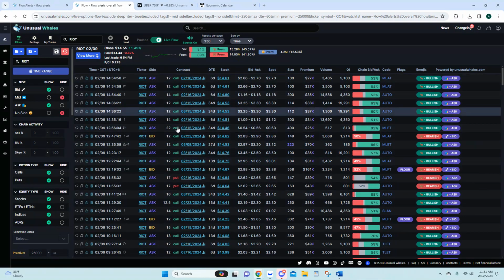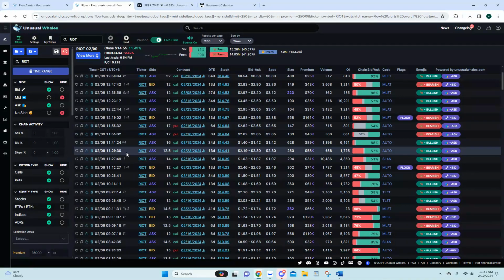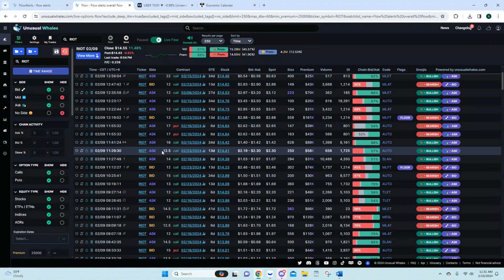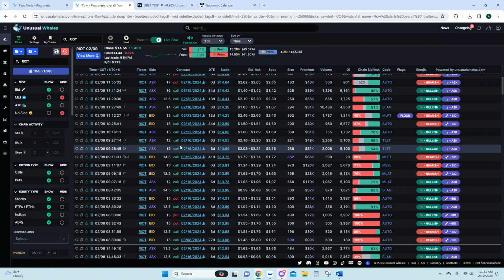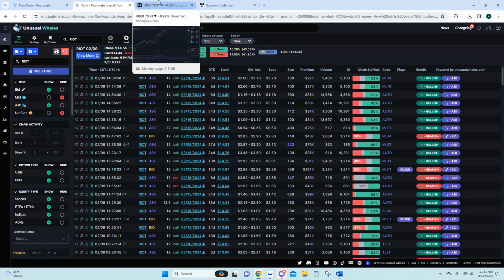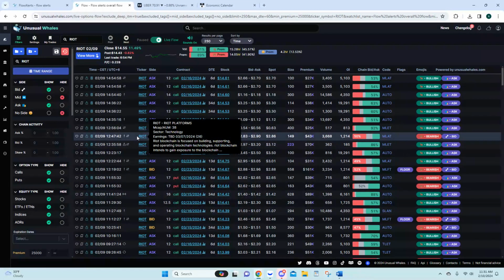You can see that the flow's primarily bullish here. The flow alert on the 16 call for 315 that was highlighted earlier. Some more flow there. And usually with this, I'd like to see how much Riot ran that day, and kind of see how much of a move the contract made.